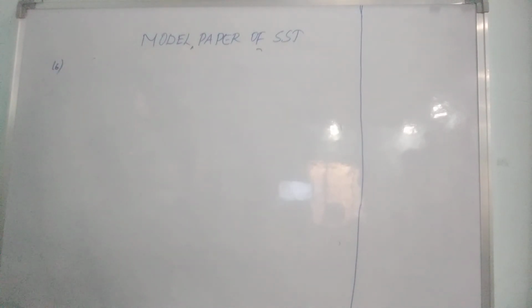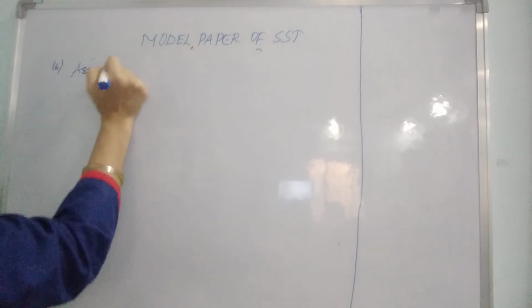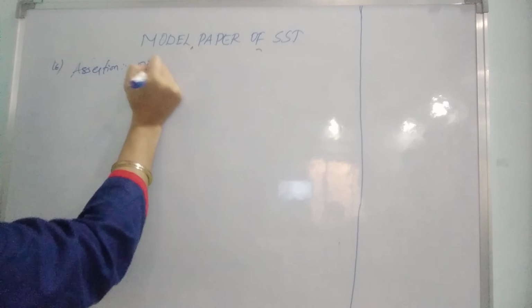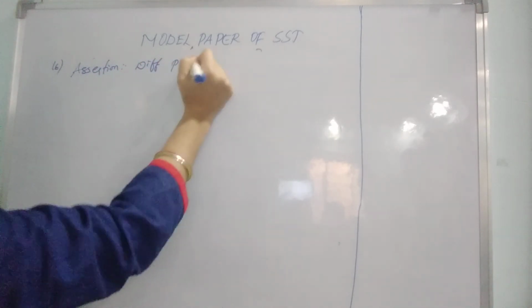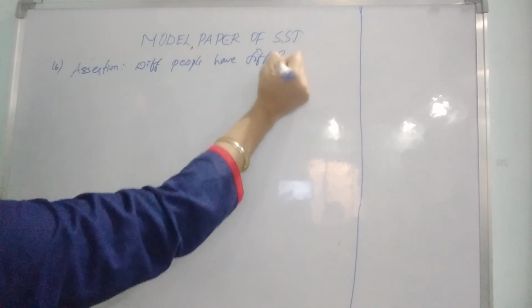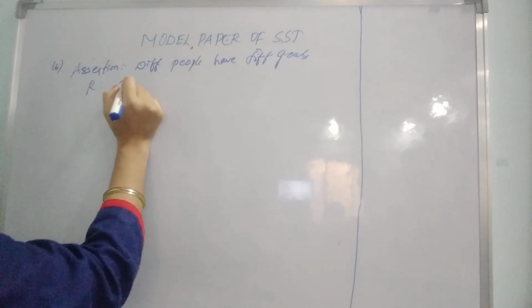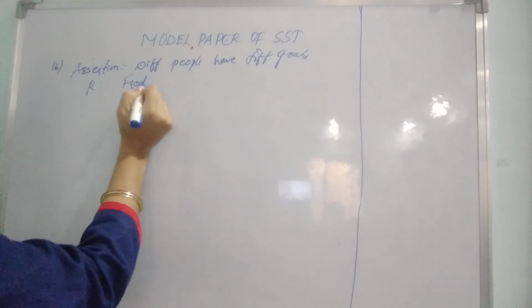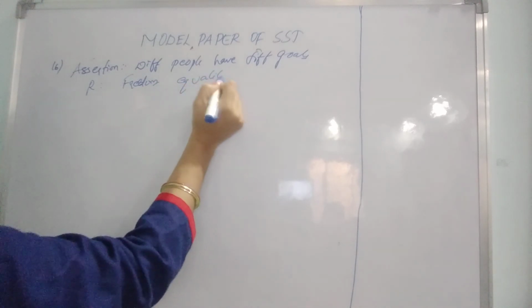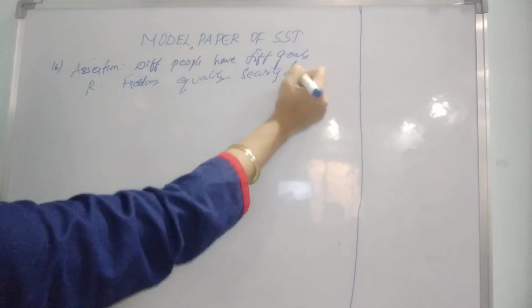Okay, the 16th question is an assertion and reason type question. Assertion: different people have different goals. This is our assertion, and the reason is people want freedom, equality, security and respect.